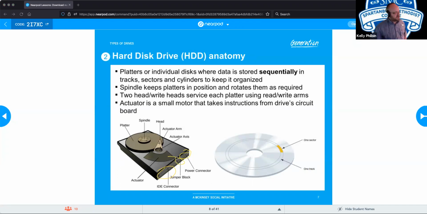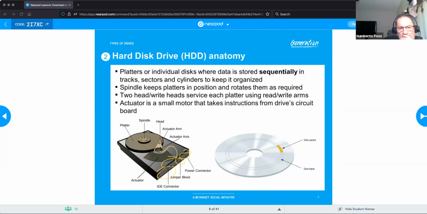Also, they don't show it in this particular one, but from the actuator axis to the IDE connector, you would see a ribbon connecting, and that is your data ribbon. This is the internal workings of a mechanical hard drive. Yes, you do need to know and be able to recognize all of these parts.